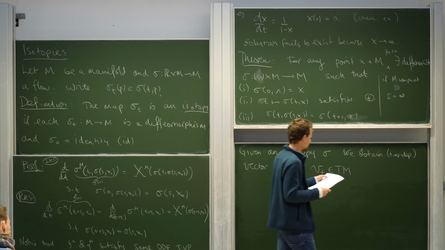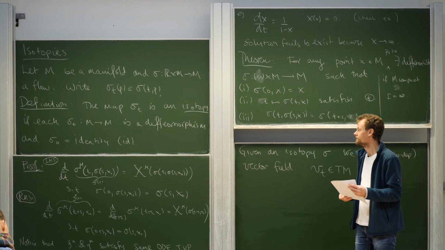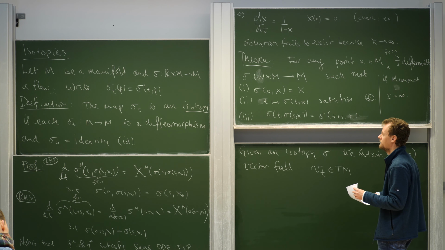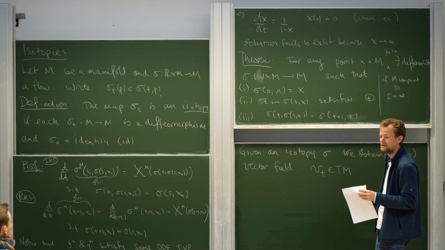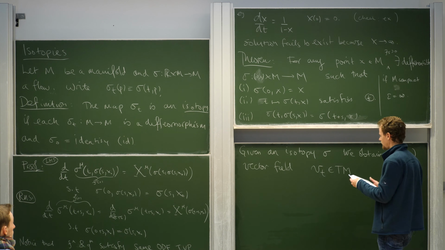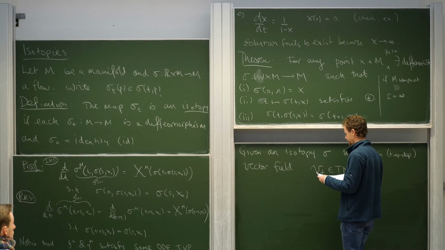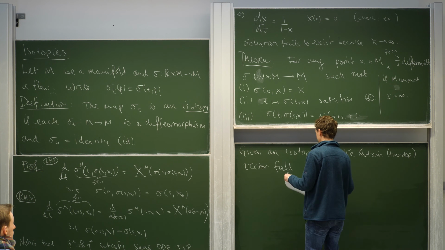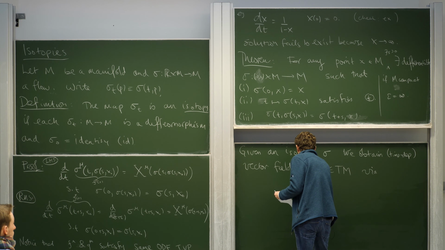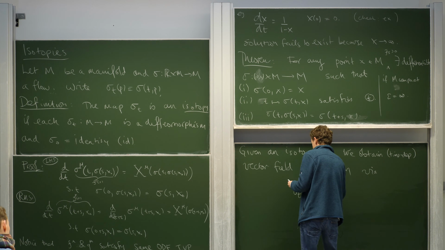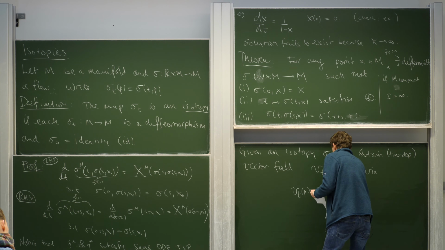Now, given an isotopy, we're going to be able to find a vector field, possibly time dependent, for which sigma t is kind of like a flow. And it's pretty simple, right?